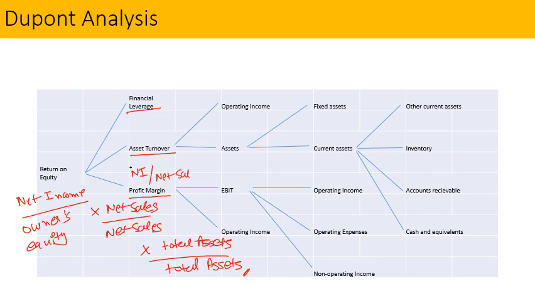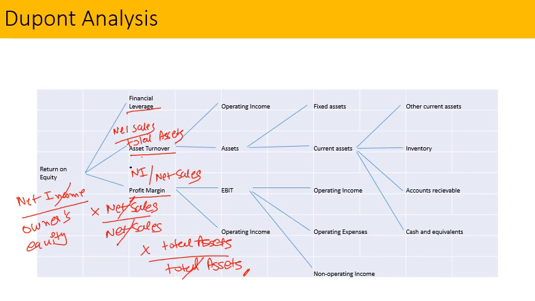So we will remove net sales from here and net income from here. What is asset turnover? Asset turnover is an activity ratio. Profit margin was a profitability ratio. Asset turnover is an activity ratio, which is net sales divided by total assets. So we will remove total assets from here and net sales from here.